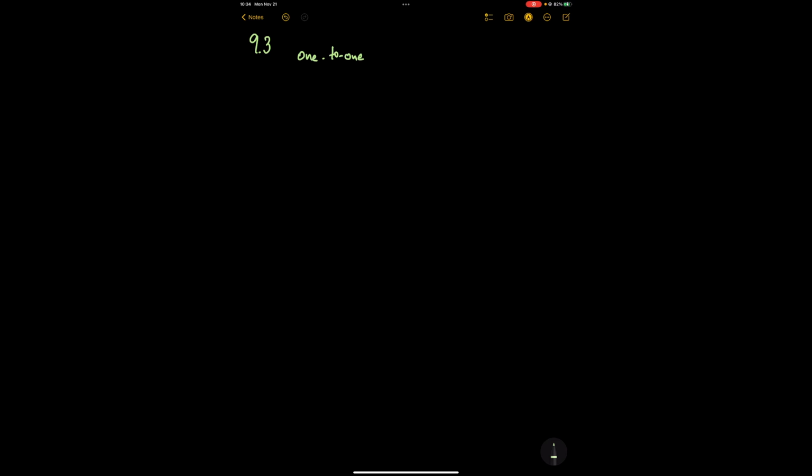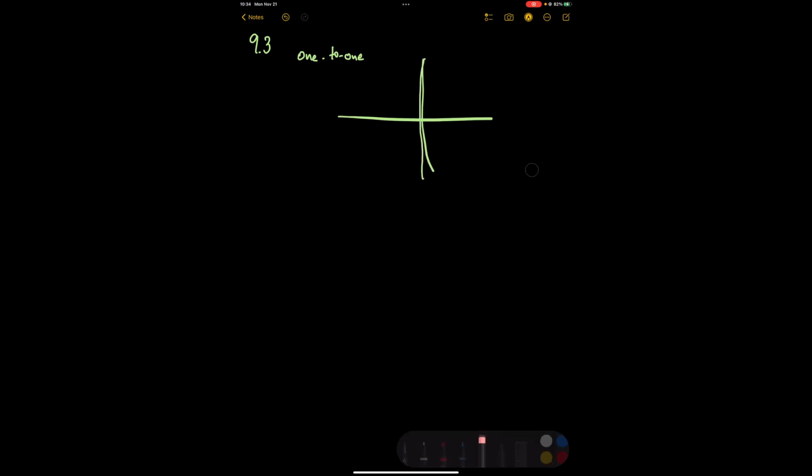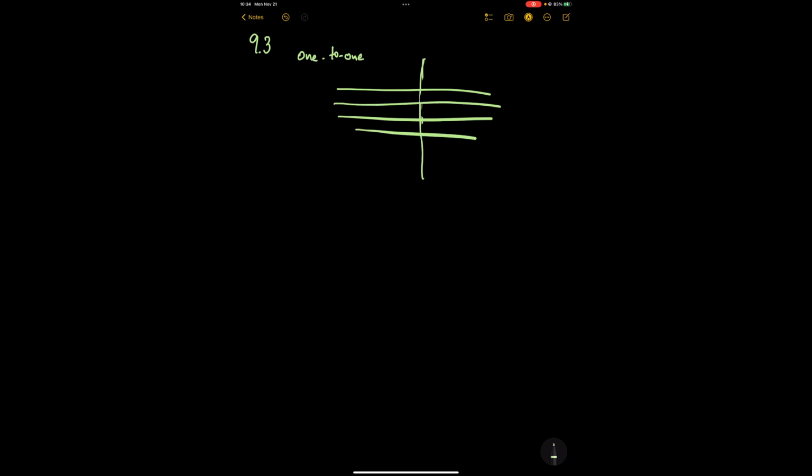So for instance, let's say you have this Cartesian plane, and you graph a function onto it. You put a horizontal line like this, anywhere, either here or here or here.